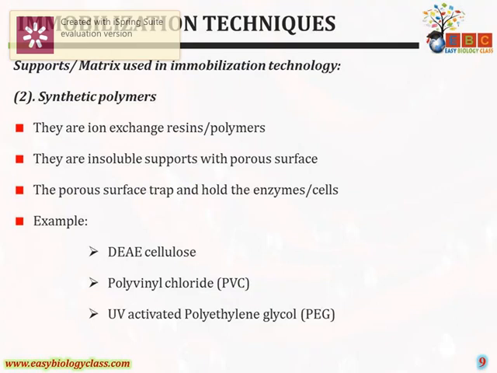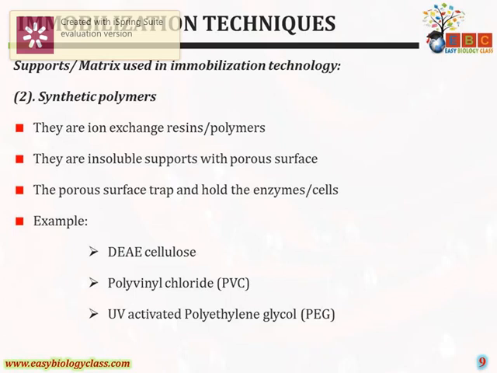Okay, synthetic fibers or synthetic polymers. Examples of synthetic polymers are polyvinyl chloride (PVC), then UV activated polyethylene glycol, that is PEG, and DEAE cellulose. This is a synthetic cellulose. Okay, these three examples are of synthetic polymers or synthetic support matrix.